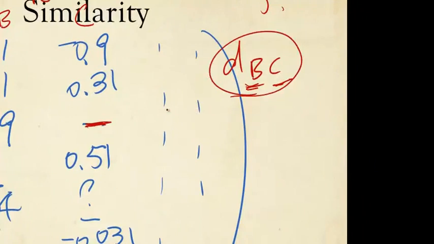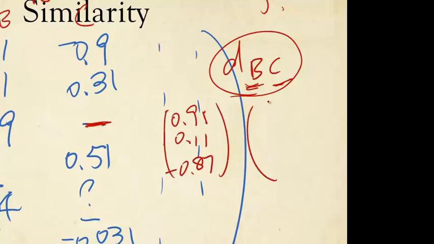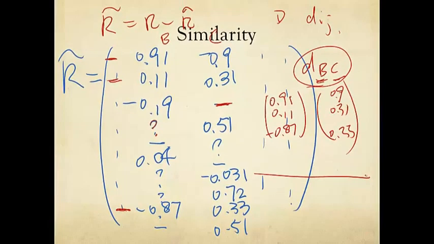So we're looking at basically 2 vectors, 0.91, 0.11, minus 0.87, and 0.9, 0.31, and 0.33. And we'll look at the difference between these two vectors by looking at their inner product. So 0.91 times 0.9. Oh, I'm sorry, this is minus. I should say minus. This is also minus.